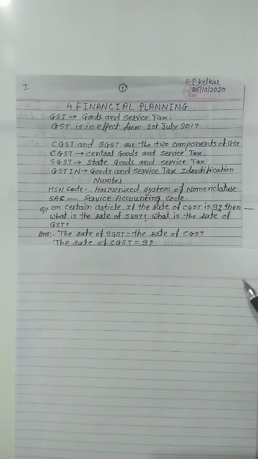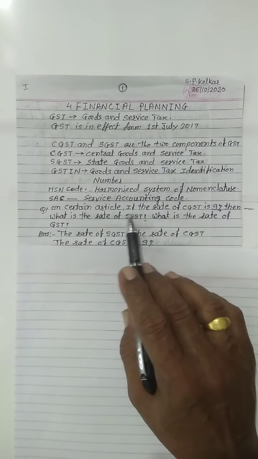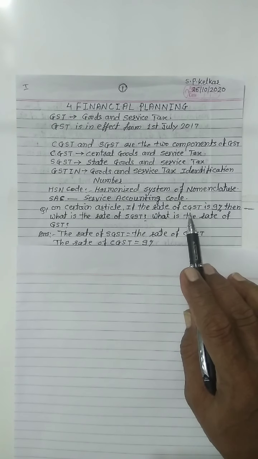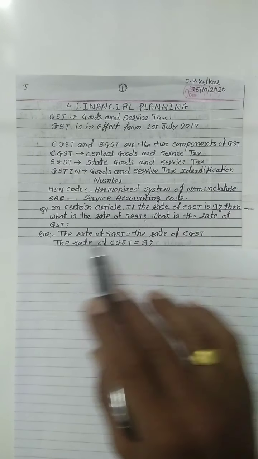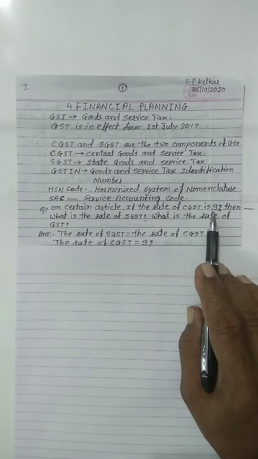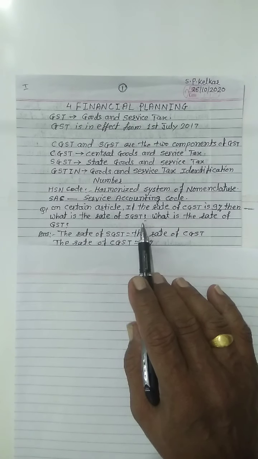Now in this example, they have given one article and the rate of CGST. From this we must find out the GST and SGST.